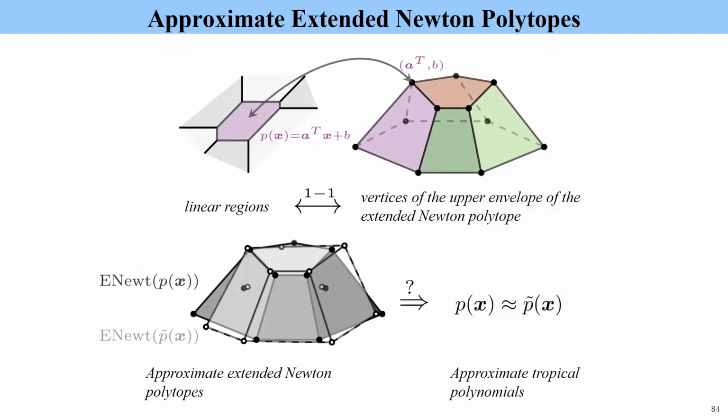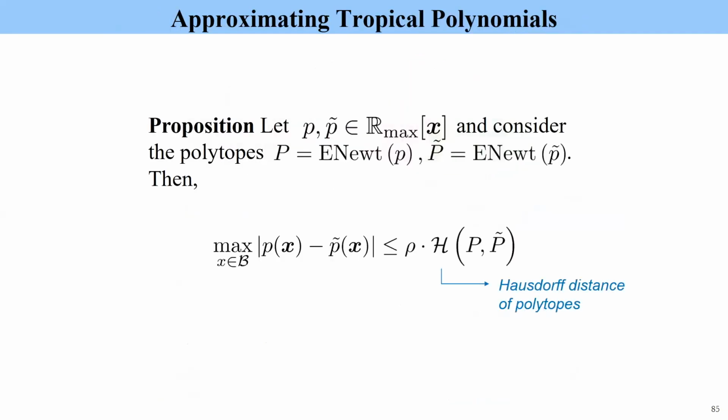The idea here is to approximate the extended Newton polytope with another Newton polytope, so that it corresponds to a new network function, P tilde, that we want to be as close as possible to the original network function P of x. One proposition that comes in handy is the following.